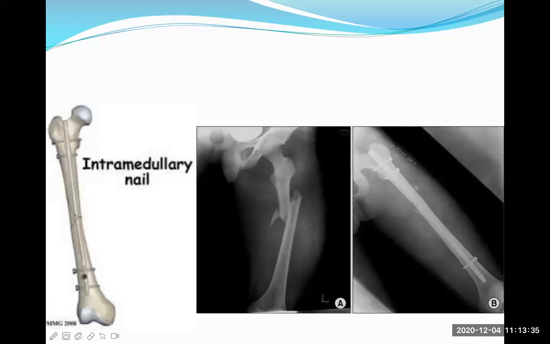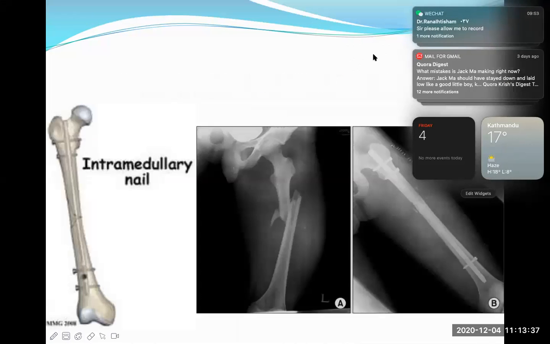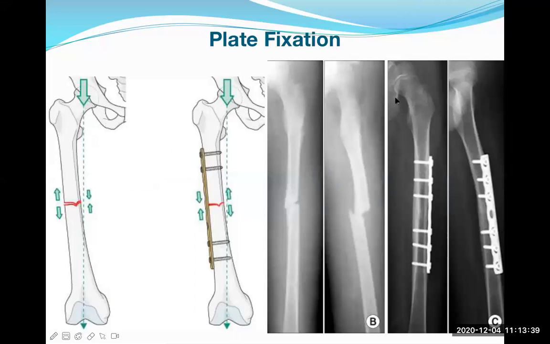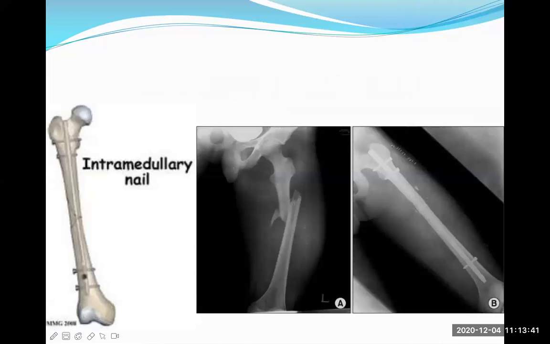Let's move on. Now let's see some of the pictures here. Try to understand what is going on here. This is an intramedullary nail. See there, there is a rod or nail which is kept at the central part of the femoral shaft. There is a fracture line there. You can clearly see it here.